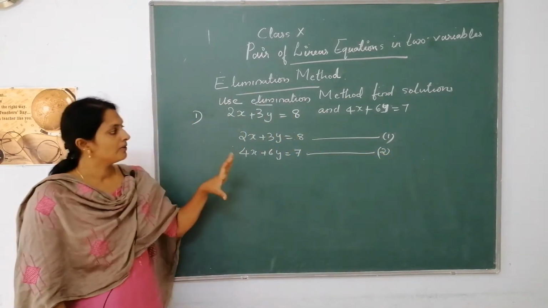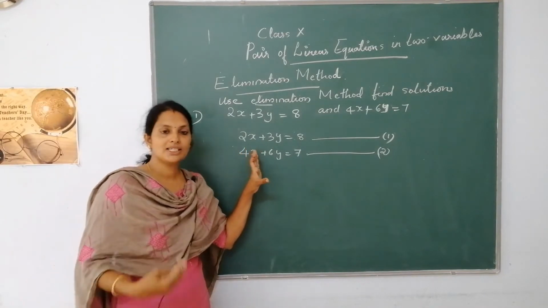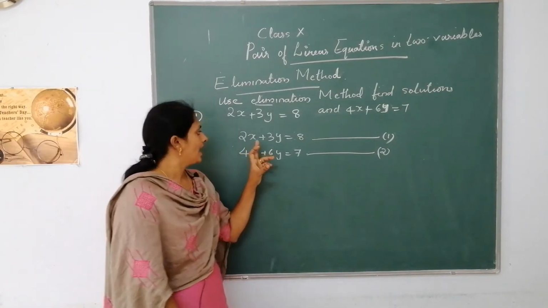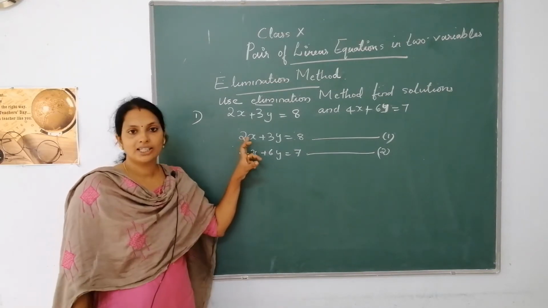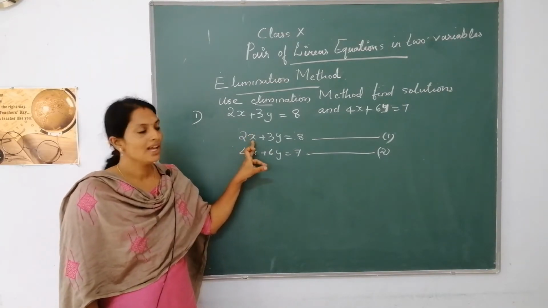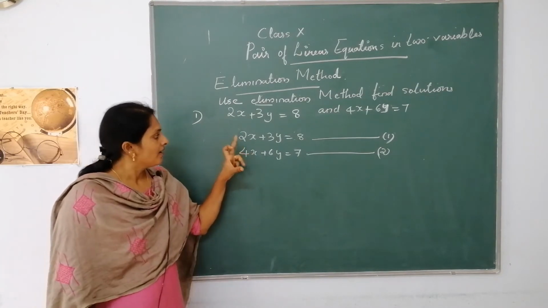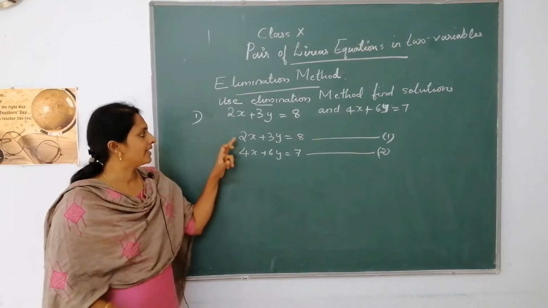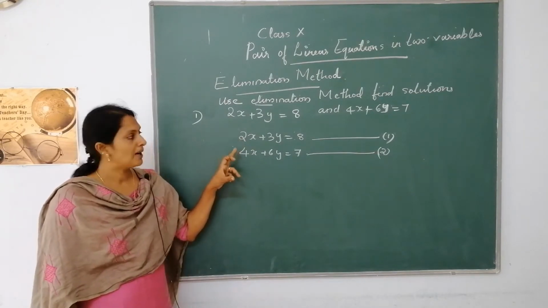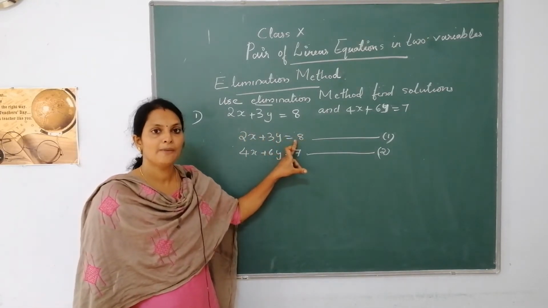First you decide which variable is to be eliminated, and in this question we will eliminate the variable x. To make the coefficient 4, multiply the first equation by 2.